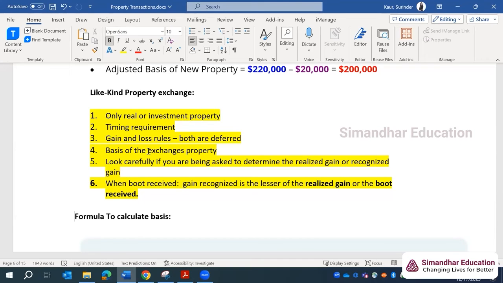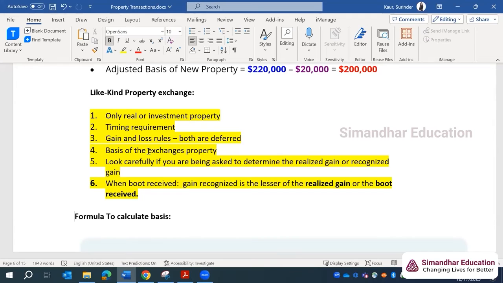But a recognition of the gain or the loss will depend upon the circumstances. So what circumstances are those? When there is boot involved. Okay. Now what is boot? Boot can be in the form of cash.